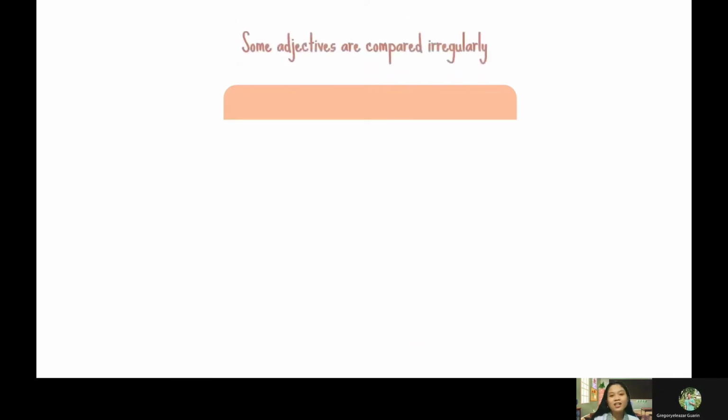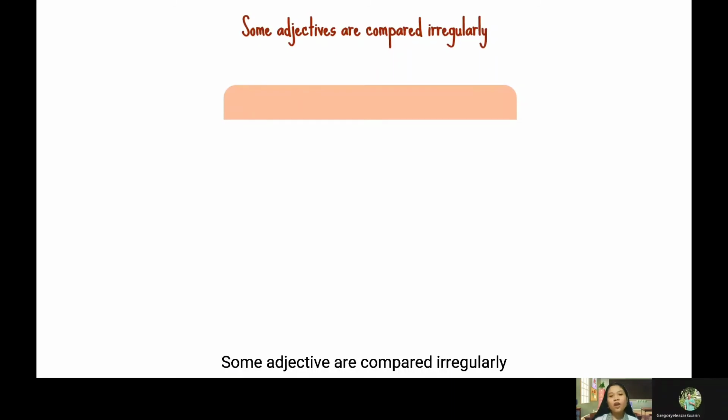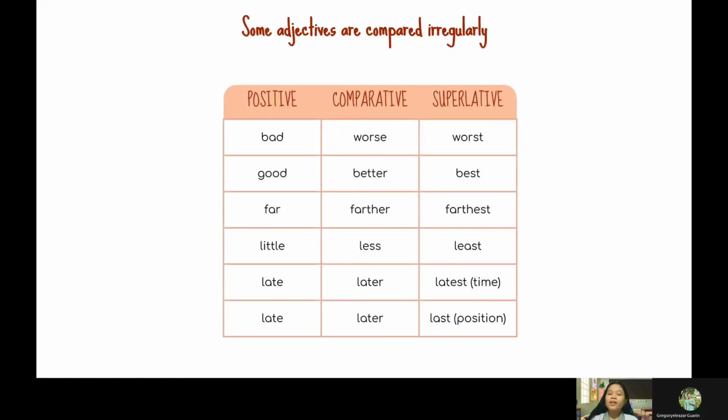And last, some adjectives are compared irregularly. So here are some examples. The positive word bad, and the comparative of it becomes worse, and then the superlative of it becomes worst. Next is good becomes better to best. Far becomes farther to farthest.